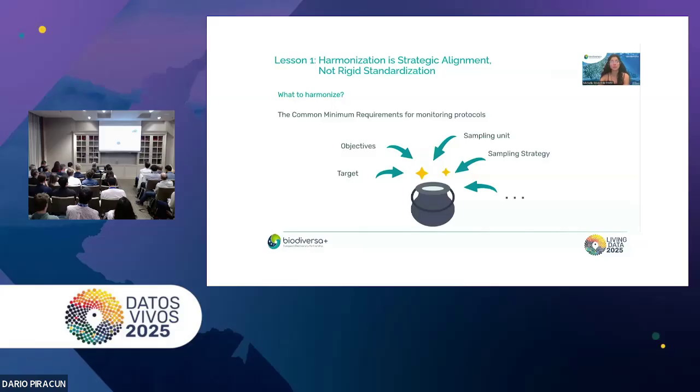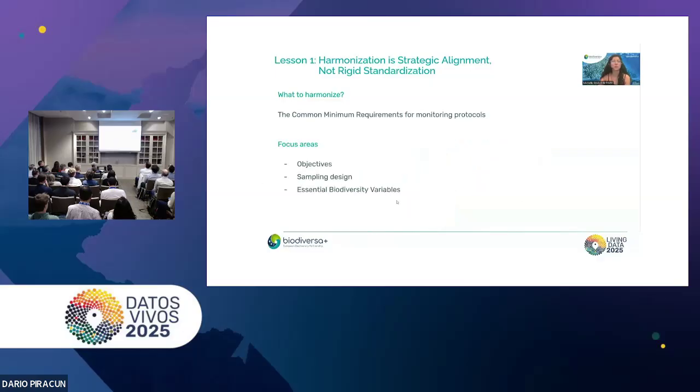So for example, the sampling unit and agreeing on the smallest unit of observation would have to be strict as they determine the whole comparability later on with the results. Meanwhile, the sampling strategy, let's say if it's a random sampling strategy or stratified, that can be flexible. There are ways later on to merge the data from different sampling strategies.